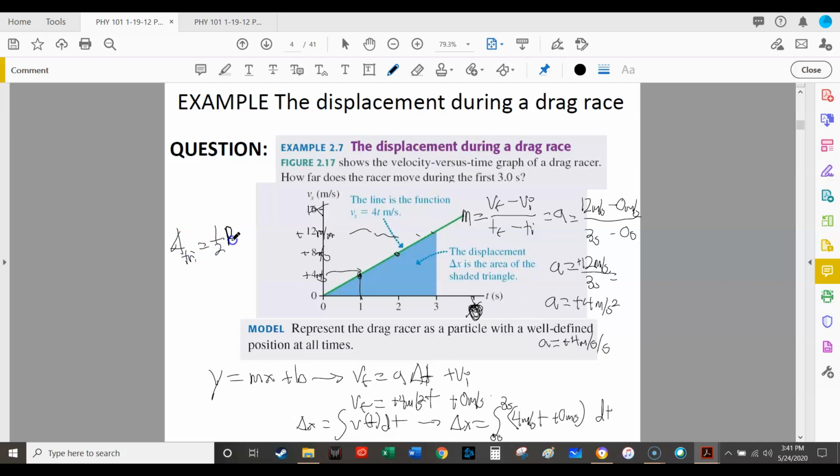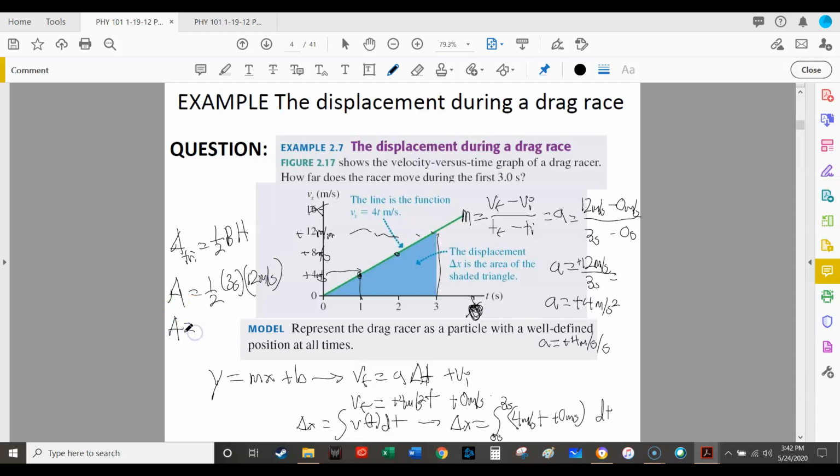Isn't the area of a triangle just 1/2 the base times the height? And in this case, the area of the triangle is going to be equal to 1/2 the base, which is 0, 1, 2, 3 seconds, times the height, which is 0 to 12 meters per second.